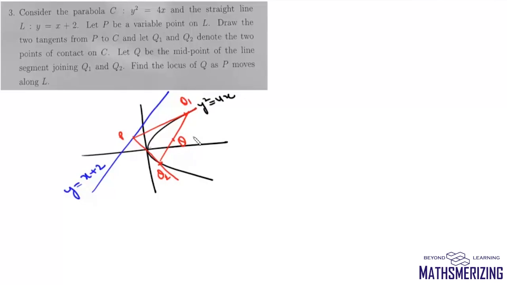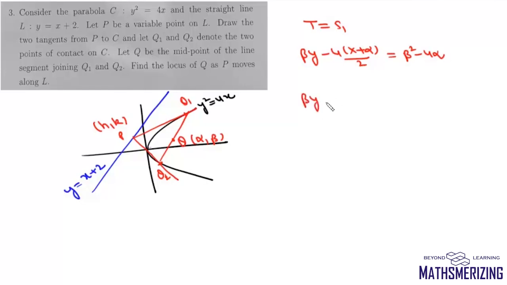Now suppose this point Q is (alpha, beta), and this point P is, suppose, (h, k). Now since Q is the midpoint of this chord, we know that we can write the equation of this chord as T equals S1. Now T is beta y minus 4 times (x plus alpha) by 2, and it will be equal to beta square minus 4 alpha.